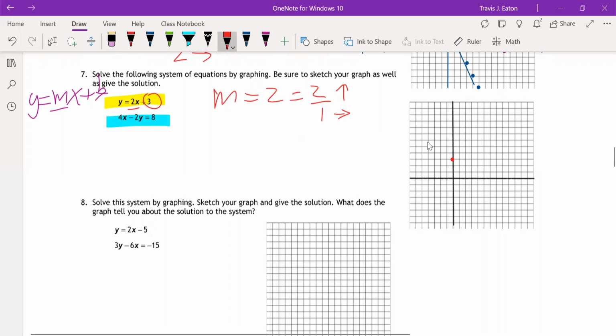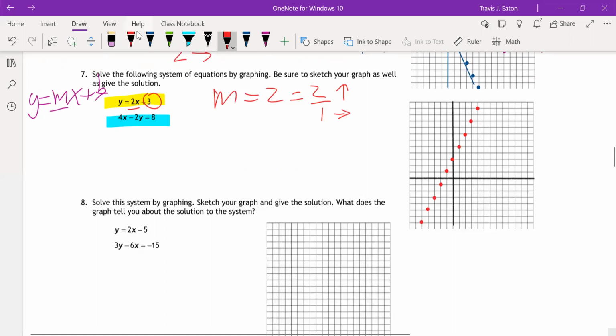And so like we did yesterday, up 2 over 1, up 2 over 1, and so on. Now we can go down 2 to the left 1 if we want to continue our line, in the opposite direction, because it's a linear equation. It has to follow a straight line.